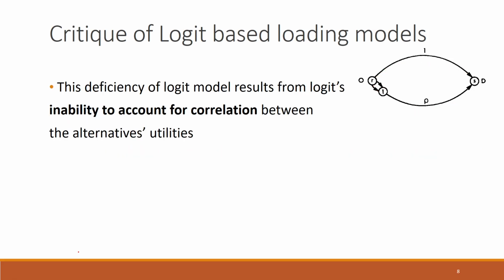Now the deficiency of this logit model results from logit's inability to account for correlation between the alternatives' utilities. If you remember, when we determined the error distribution for this logit model, we had assumed that the error terms are IID Gumbel variates, that is, they are independently and identically distributed.